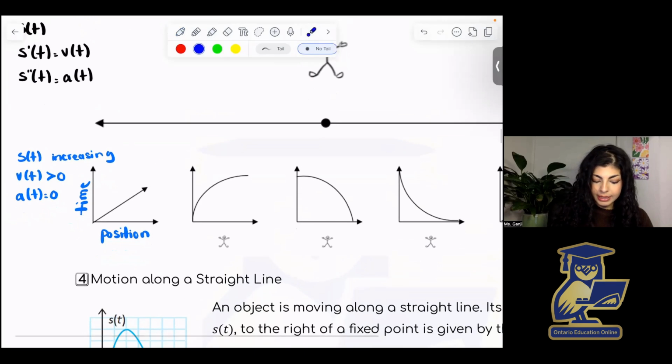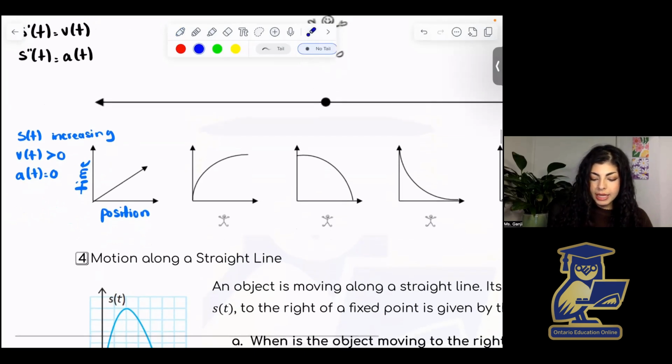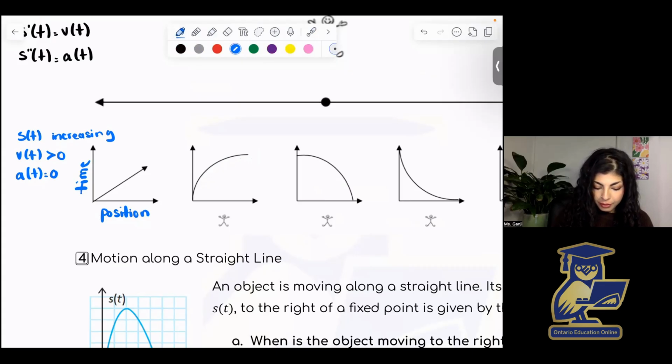Now, in this second example, we can see that our function is increasing. So we are moving in a positive direction. But as we are increasing, we see that the curve is going towards a straighter line. And so in this case, our velocity is positive, and decreasing.